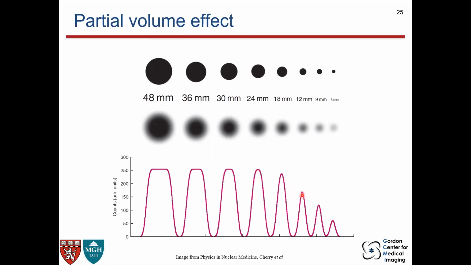So we are talking about a system resolution of 12. And if you look at the 12 millimeter diameter cylinder, you're not getting the true line profile of that cylinder size. And when you get to 24 millimeter, that obviously changes, and you start to preserve the information that you are interested in.